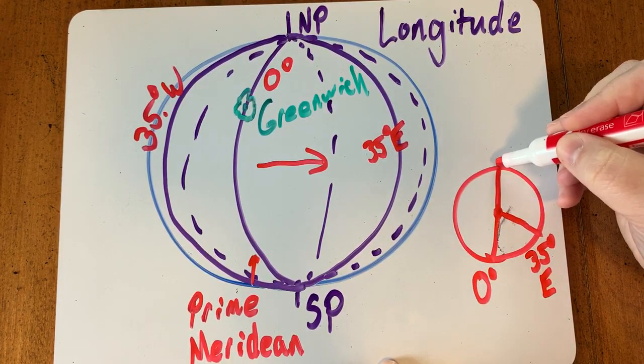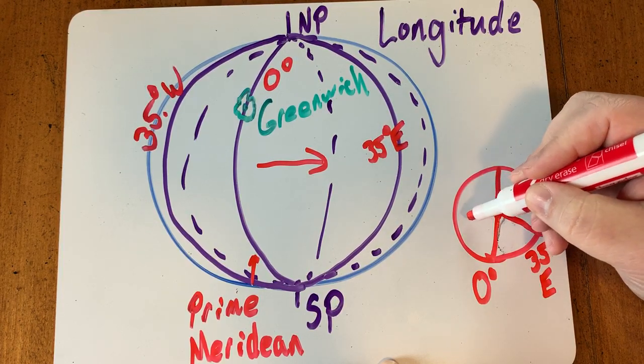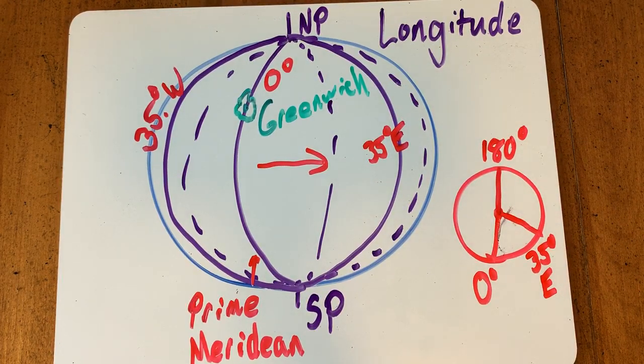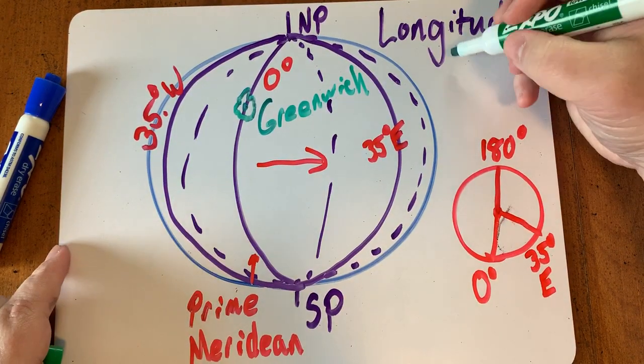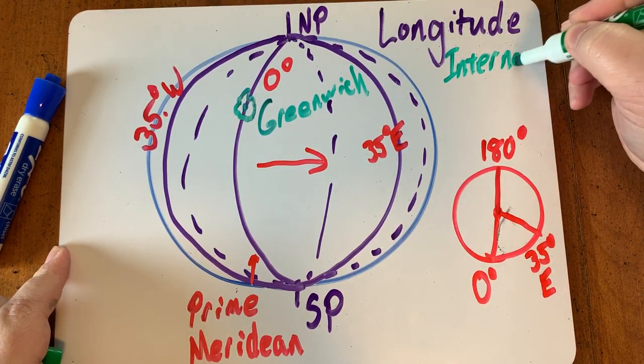Because if you go beyond this, then you're going into the other hemisphere. So this 180 degrees, that's on the opposite side of the sphere as 0 degrees. This is called the international dateline.